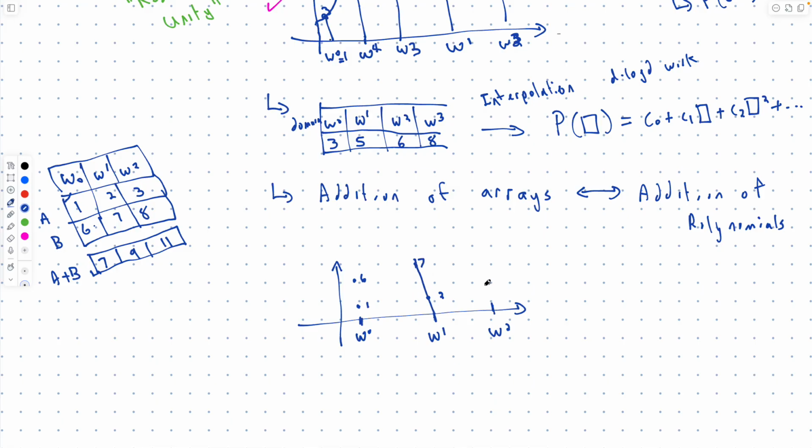Here I have a 7. And here I have a 3. And here I have an 8. So this is polynomial A. This is polynomial B.